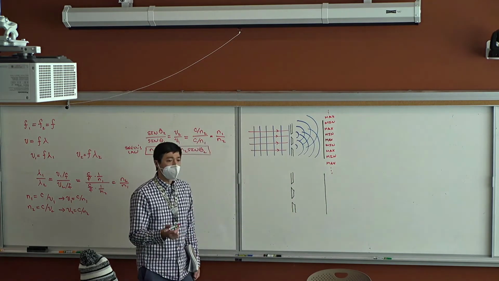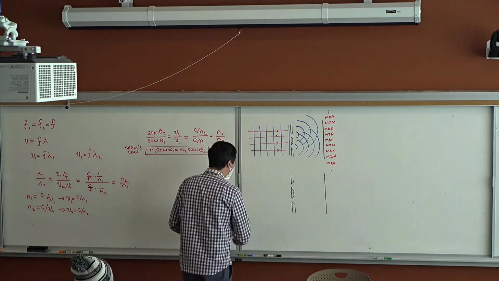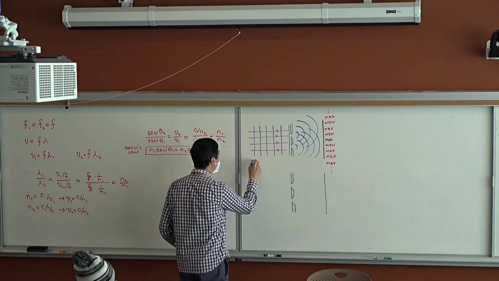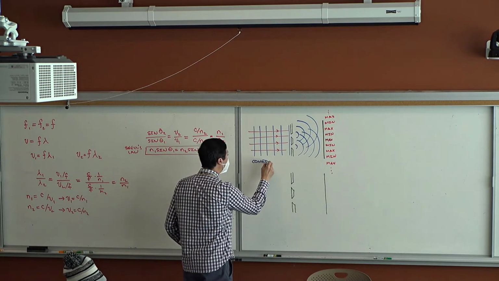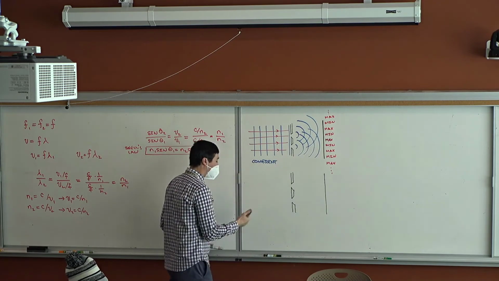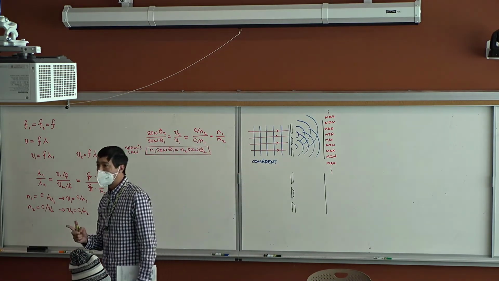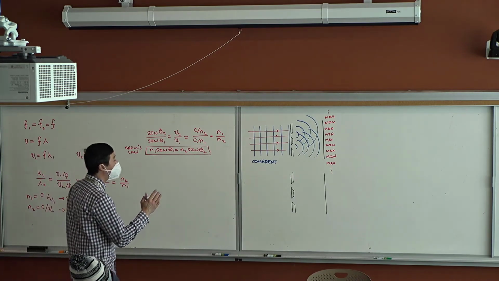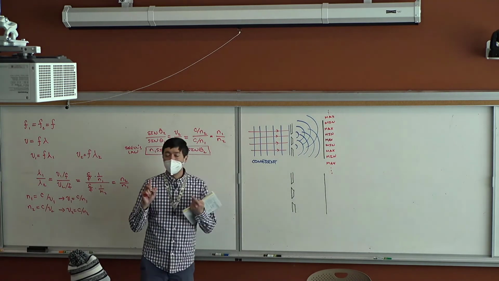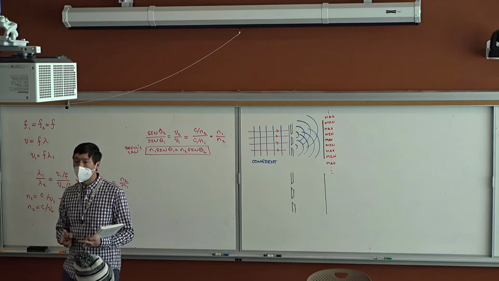Let's assume that we have a coherent light source. When I say coherent and monochromatic, I mean single wavelength, and the sources are in phase with each other.